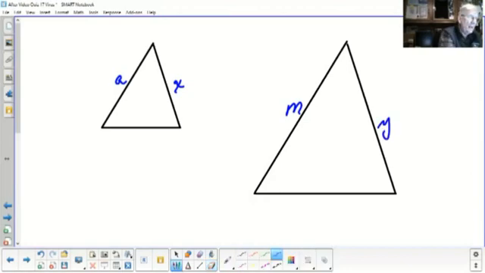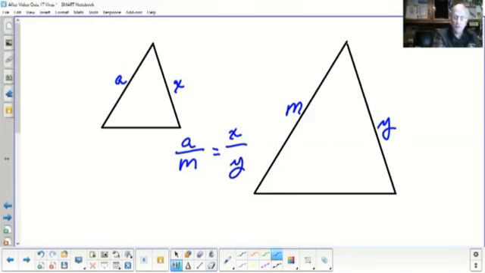Then we can write, because these two triangles are similar, the following proportion, which states that if you compare A to its correspondent in the larger triangle M, and if you do a comparison of that to the side X compared to its correspondent Y, they should give you the same ratio because, of course, these are similar triangles.